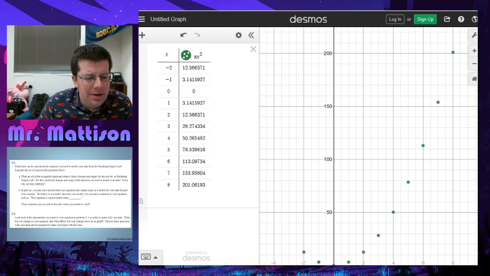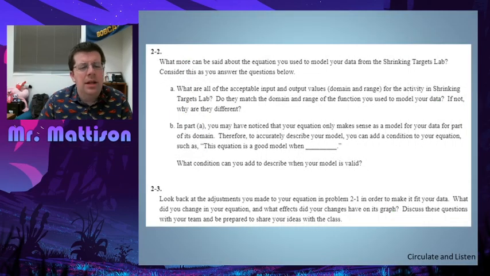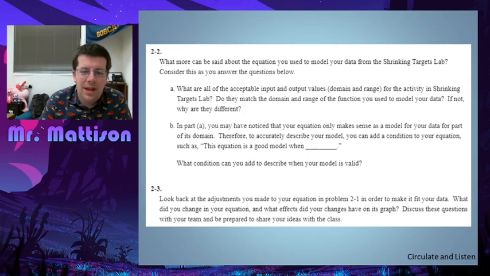All right, let's hop back over to this. So part B: in part A, you may have noticed that your equation may only make sense as a model of the data on part of its domain. Therefore, to accurately describe the model, you can add a condition to your equation, such as this equation is a good model when, in our case, x is 0 or larger, right?